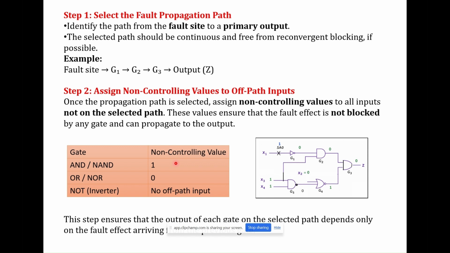Similarly, for a NAND gate, if any one of the inputs is 0, output is high. So again 0 is the controlling value and 1 is the non-controlling value. Similarly, for OR and NOR, the non-controlling value is 0. For an inverter, there is no off-path input. So all the gates work based on these rules, and we have to set the non-controlling value to the gates. That is the second step in path sensitization.